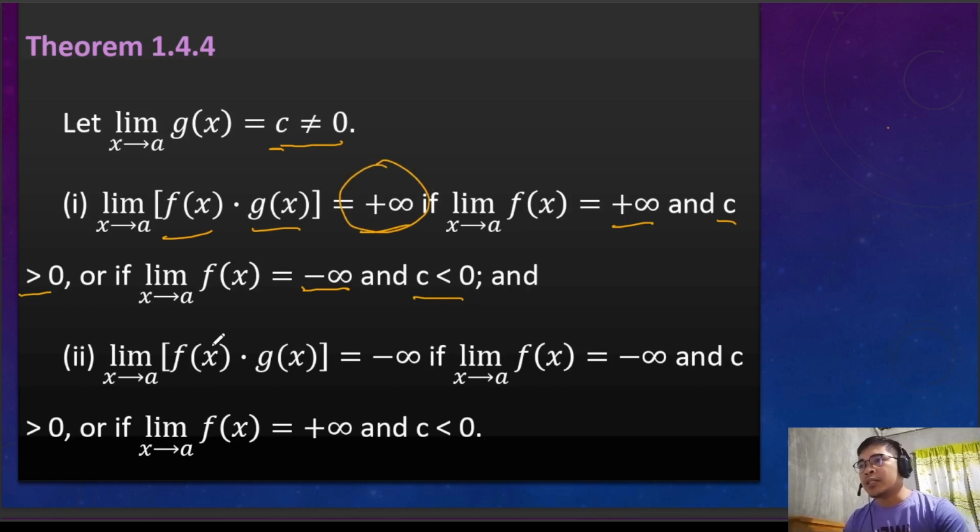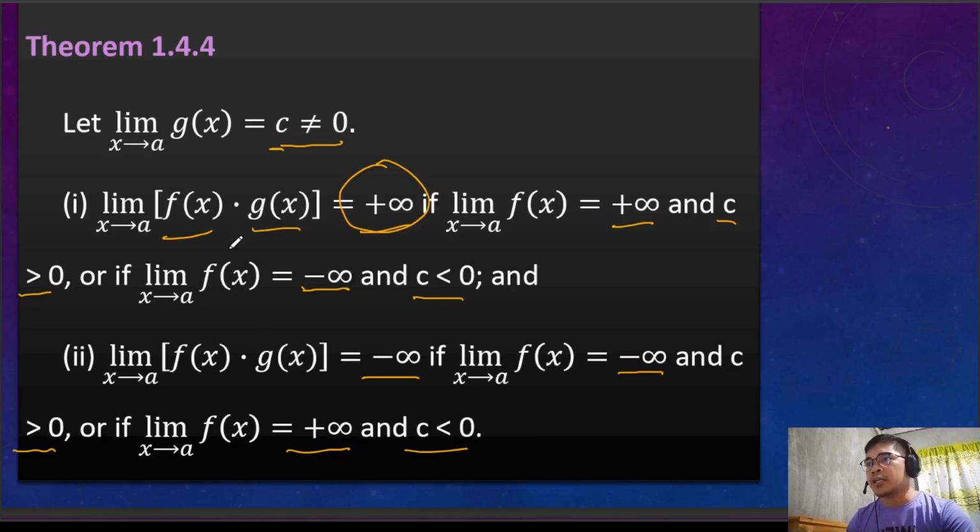For the second one, the limit of f of x times g of x as x approaches a is negative infinity if the limit of f of x is negative infinity and our c is greater than 0. Or if the limit of f of x as x approaches a is positive infinity and our c is less than 0.